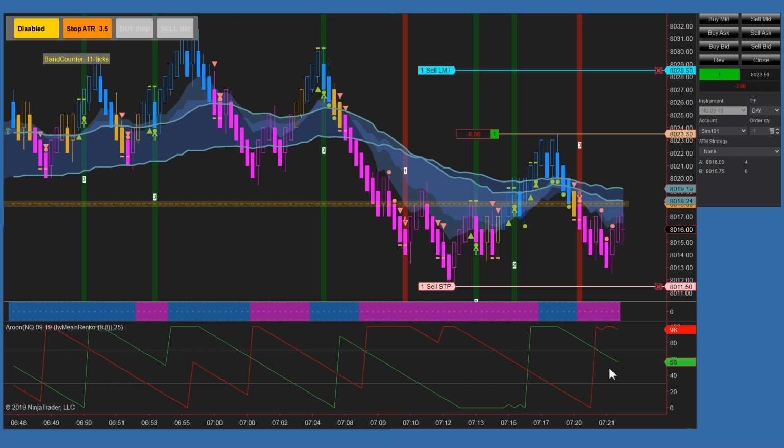So if the market heads lower, the green line will eventually get below the 30. We've already got the zigzag in the red line.